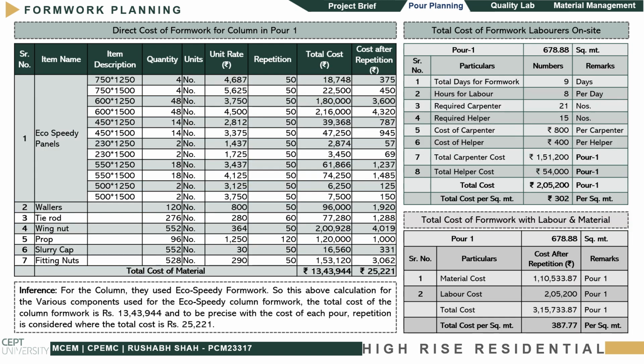For the column, they used EcoSpeedy formwork. For this calculation, we considered various elements like EcoSpeedy panels, and in panels we consider the different panel sizes and their quantities. Multiplying the unit rate with the derived quantity of each element, we got a total cost of 13,43,944 rupees.